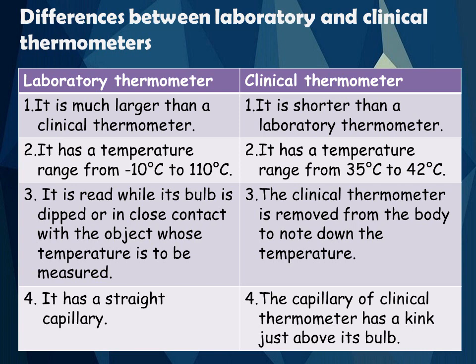A laboratory thermometer is read while its bulb is dipped or is in close contact with the object whose temperature is to be measured, whereas the clinical thermometer is removed from the body to note down the temperature. A laboratory thermometer has a straight capillary without any bend or kink in its column. The capillary of a clinical thermometer has a kink just above its bulb. These are some differences between laboratory and clinical thermometer.